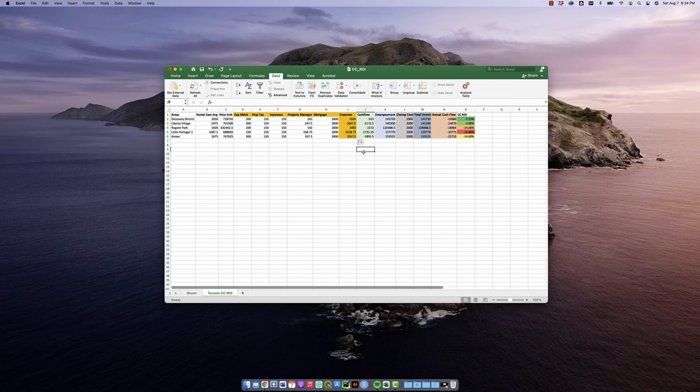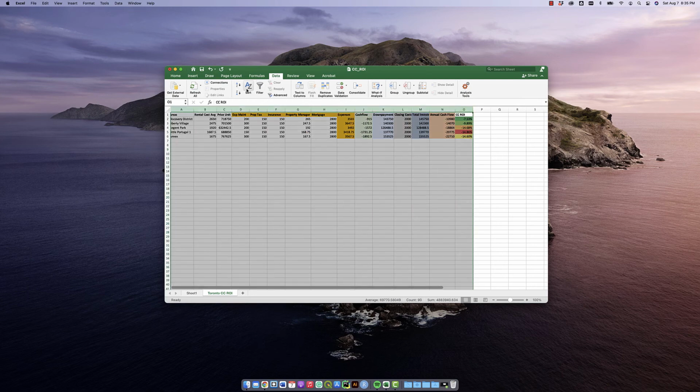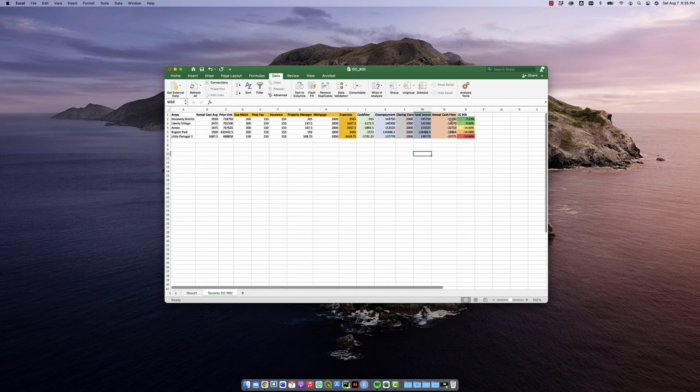Okay, so, well, that shows you pretty much what is the current state of Toronto as a market for investment. If you look at the numbers and you're looking at the cash on cash return of investment, you will see that it is actually pretty darn bad.